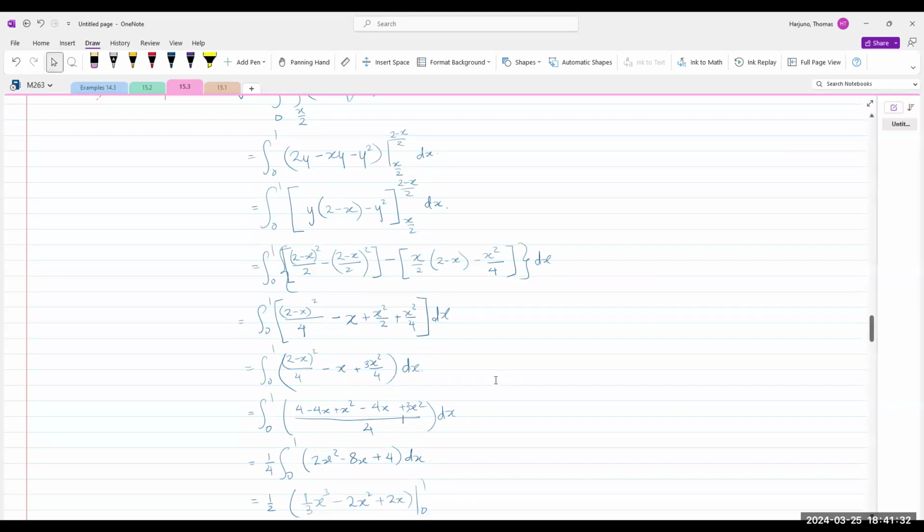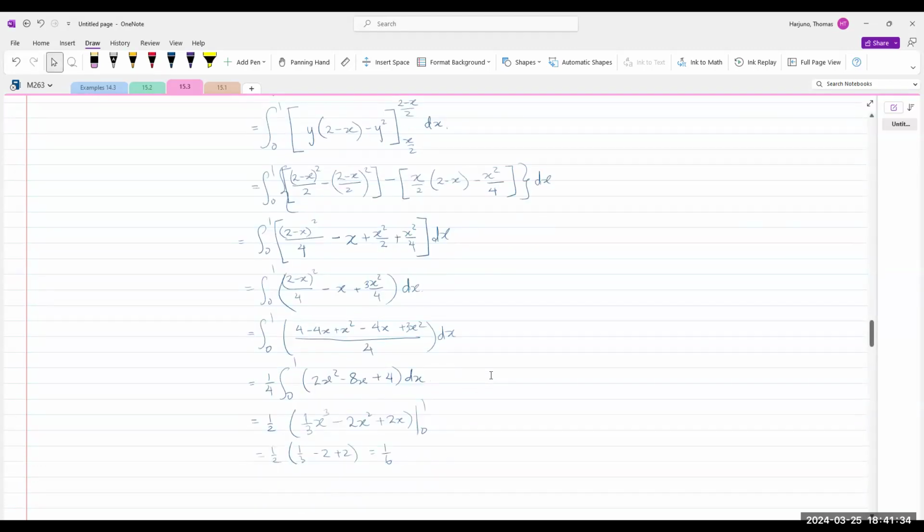This becomes 4. This becomes 2. This becomes 2/3.